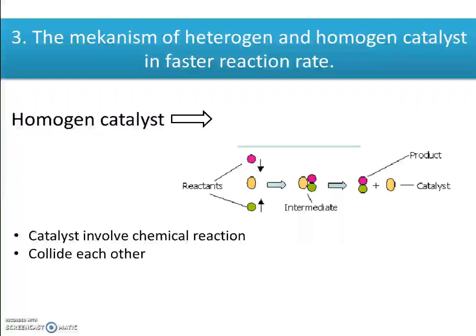When the reactant combines with the catalyst, they will collide with each other and go around in random motion.